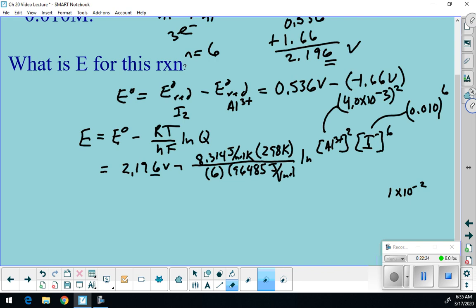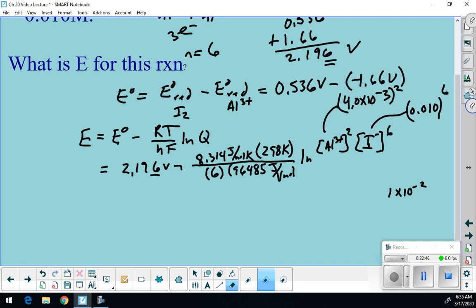One times 10 to the minus 2. Oh, man, make a mess. Let's try this again. 0.01. Now, let's see. I need to take that to the 6th. Where is that on this calculator? I guess I have to do the caret to the 6th. How's that?